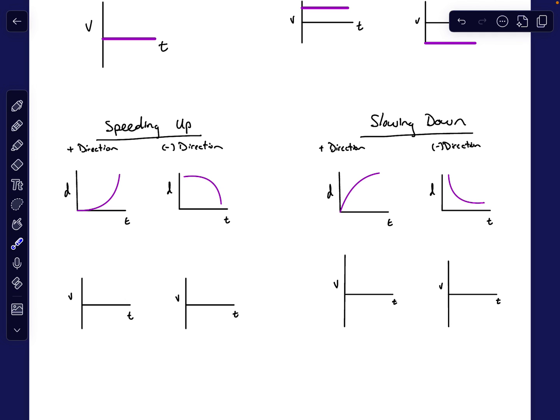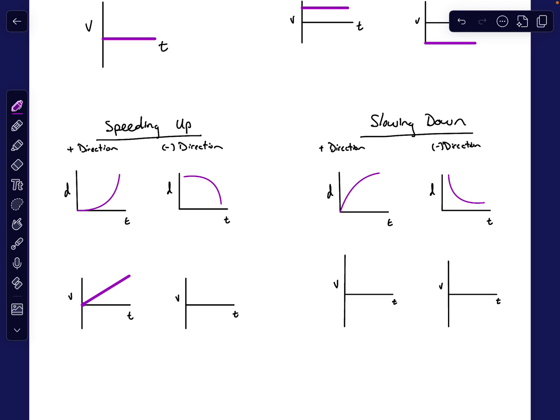So I would be indicating that it's starting slow, going a little bit faster, and it's the fastest at the end. So I have to show that with my velocity graph by drawing a velocity that starts low and ends high in the positive quadrant or the positive direction. So I'm going to start at 0 and I'm going to end at some higher velocity in the positive.